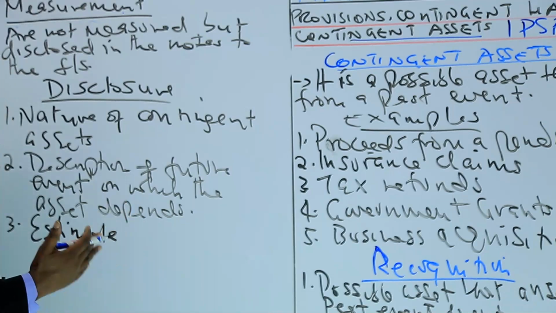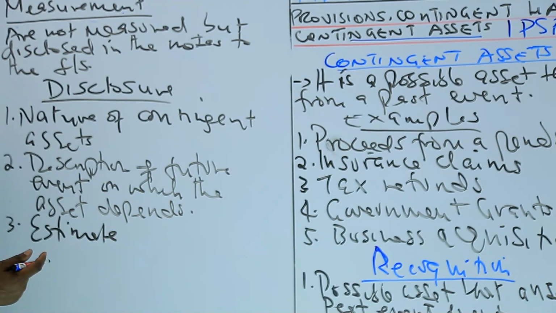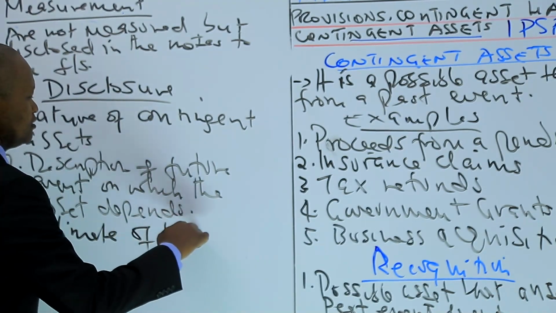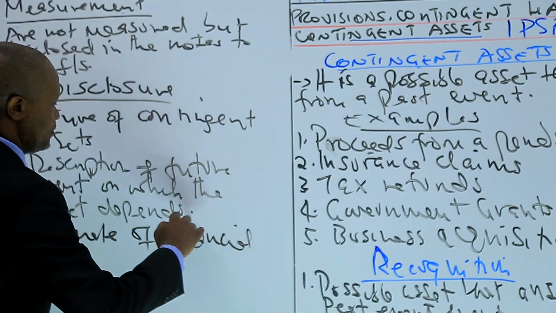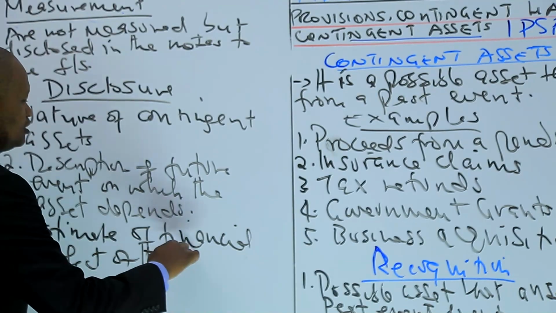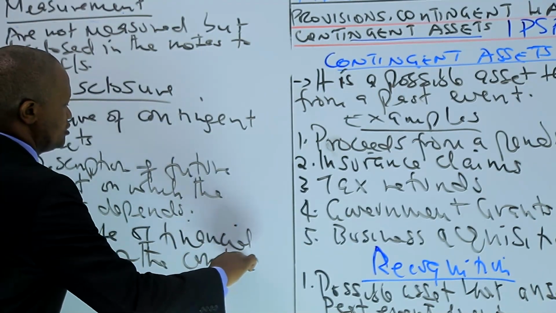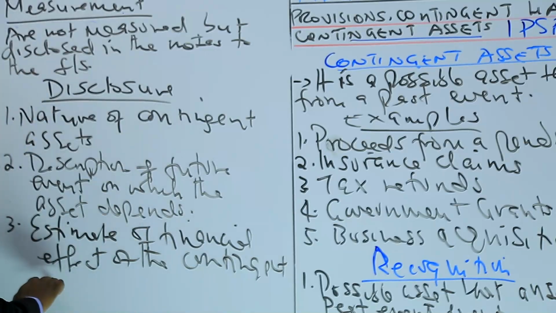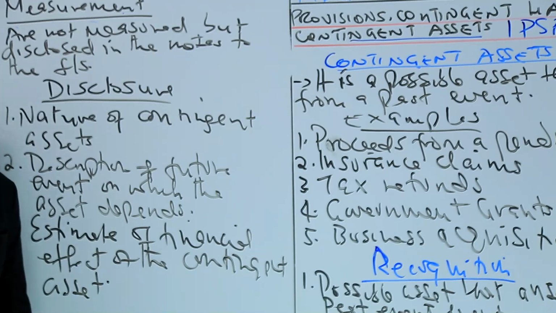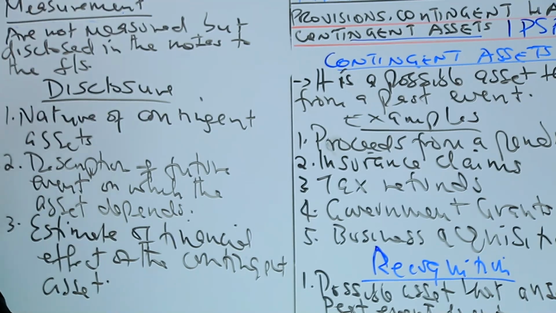The entity should be able to estimate the financial effect of the contingent asset. That has to be disclosed if practicable.